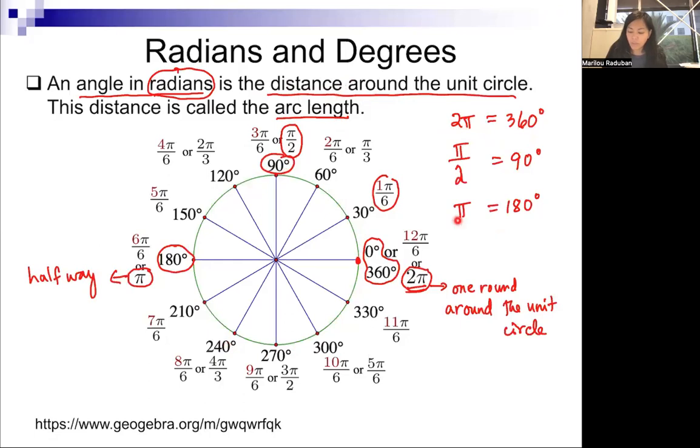If the object went halfway, that will be pi radians, which is equivalent to 180 degrees. A quarter of the way, it's pi over 2, which is equivalent to 90 degrees. Okay?